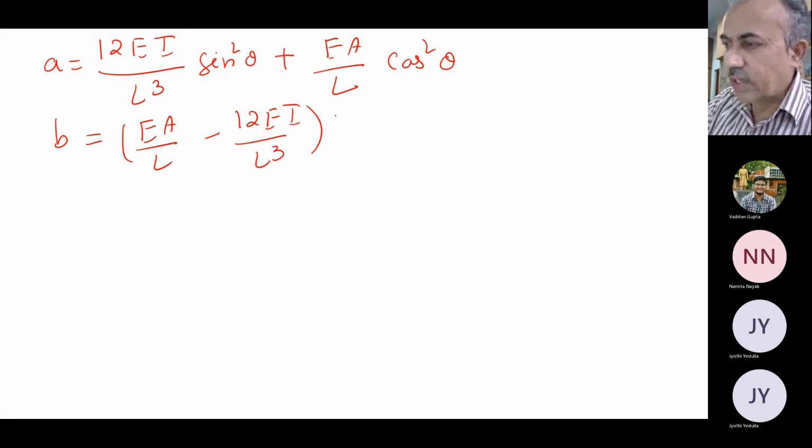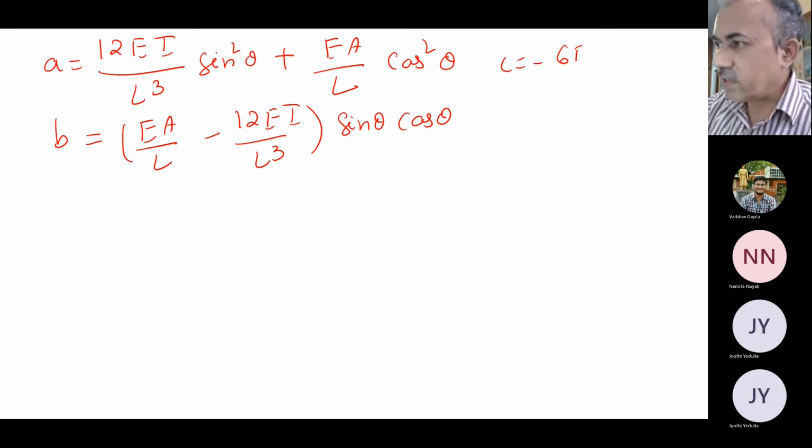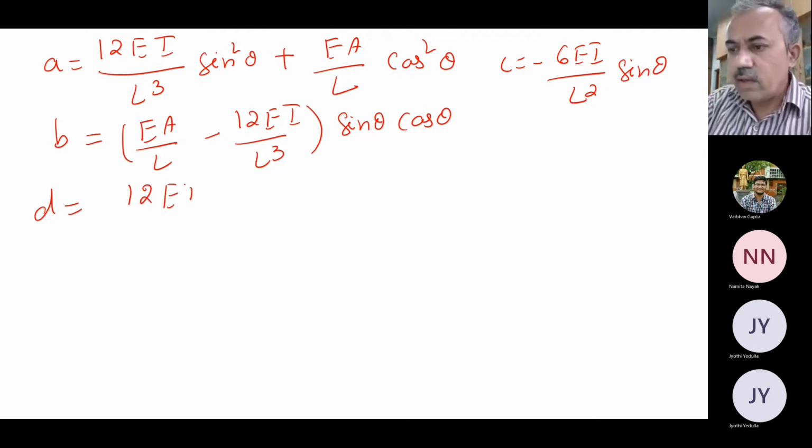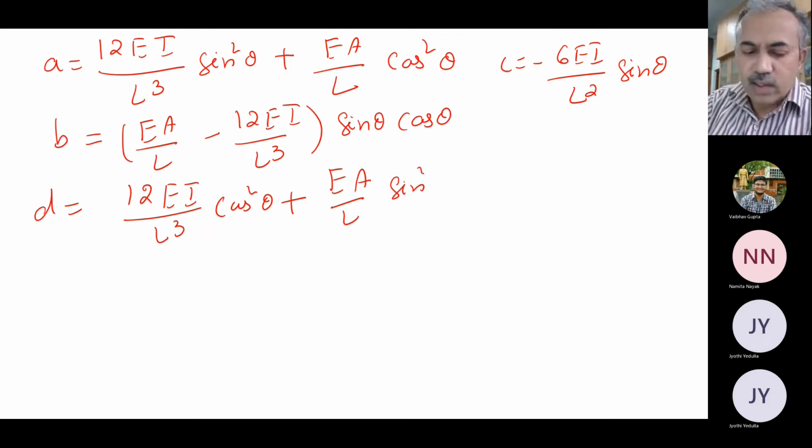So this is sine theta cos theta, and then we have C, that is minus 6 EI by L square sine theta. Then D will be more or less the same as A, but slightly different: 12 EI by L cube cos square theta plus AE by L sine square theta.